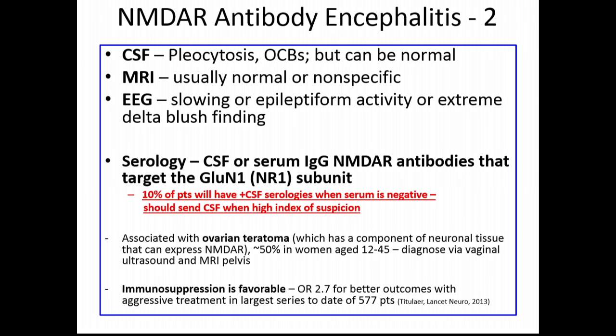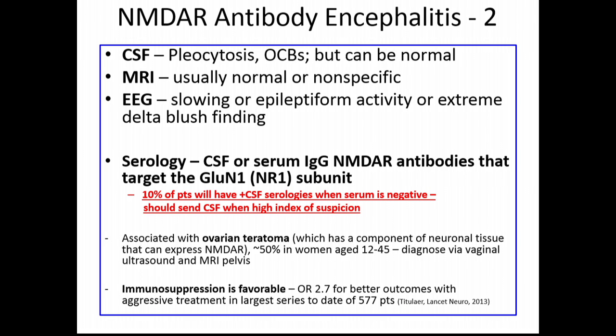10% of patients who have this disease will have positive CSF antibodies when their serum is negative. So this is one of the few proven examples so far where CSF is superior to serum. So if your serum is negative and you have a suspicion for this disease, you must send CSF. And if you can only get a chance to send this once, send CSF.